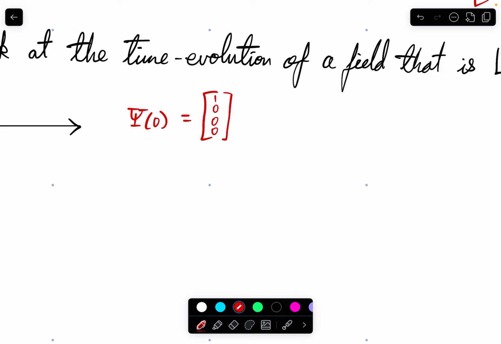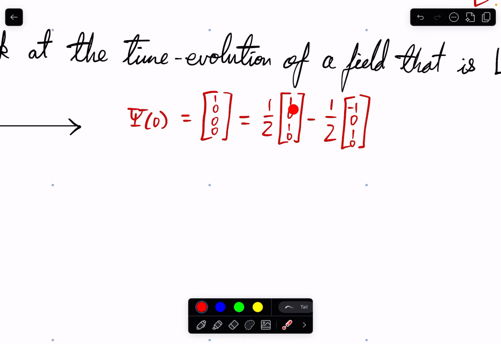But we can actually see that it is 1/2 times 1 0 1 0 minus 1/2 negative 1 0 1 0, because the 1/2 here, this negative sign will cancel with this negative sign, so you'll add and get 1 here, but this negative sign won't cancel here, so you'll get 1/2 minus 1/2, so you get 0.